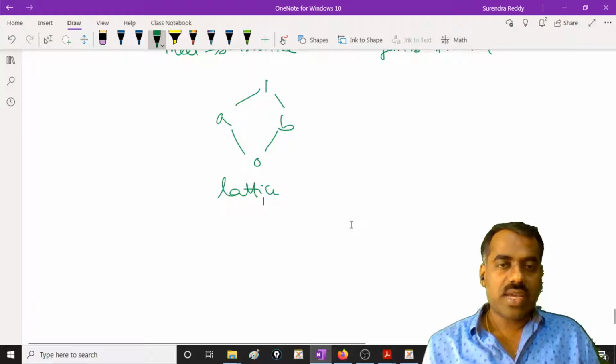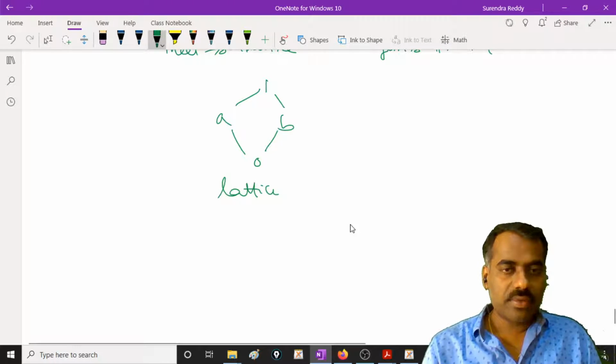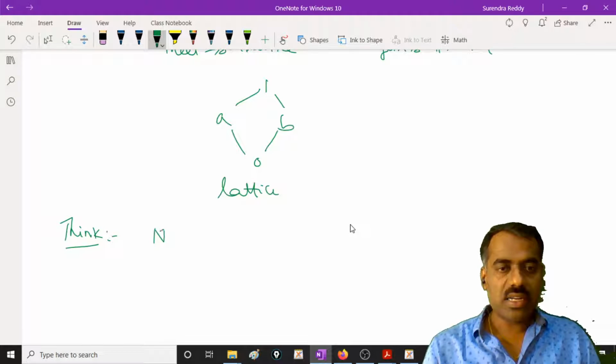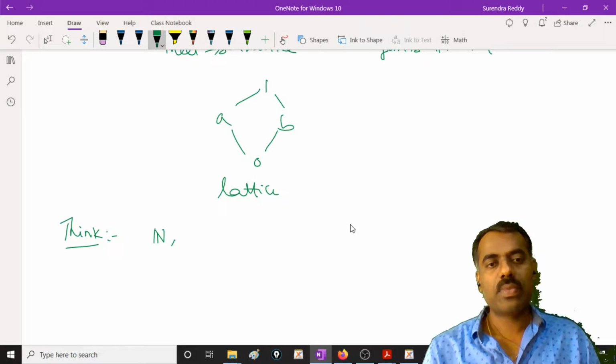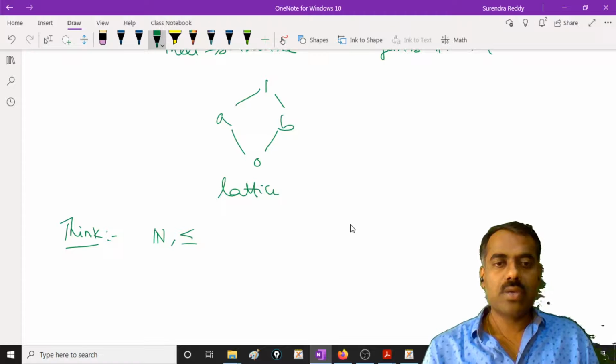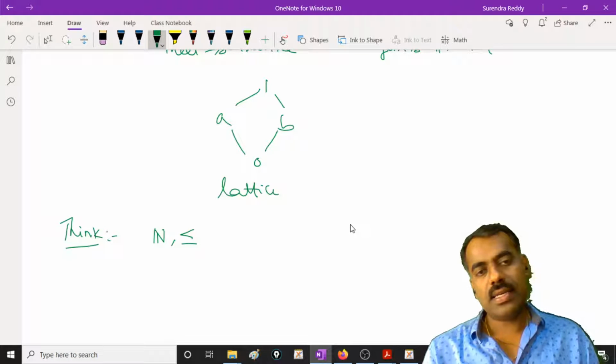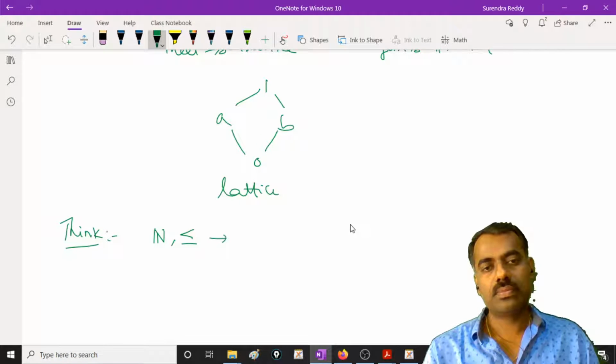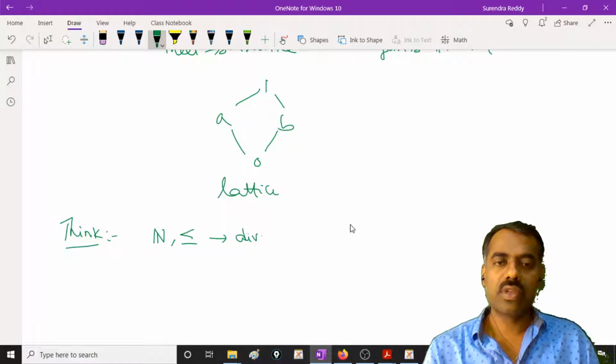Now you can also think, alright, you take N, the set of natural numbers, and your relation is just division, suppose. That means a divides b, right?